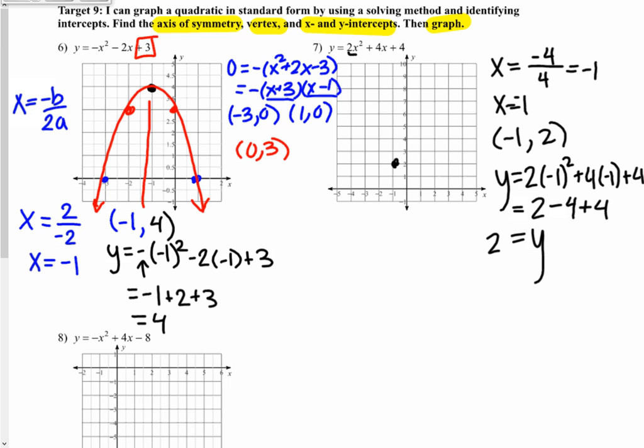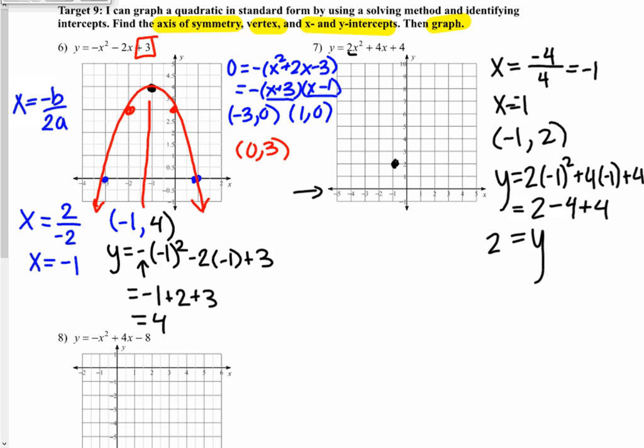Looking at this and knowing that my a value is a positive number, I know my graph has to be opening up somehow. If my graph is opening up, it's never going to touch this x-axis. So I know I'm not going to have any x-intercepts here. So I don't even need to solve for them. If I did try to solve for them, I'd end up getting an imaginary solution.